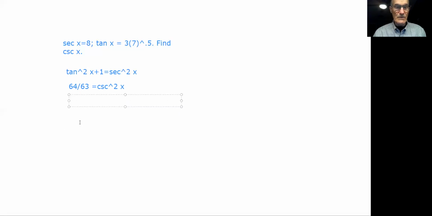If I take the square root here, I will have 8 on top divided by the square root of 63. This is 9 times 7, so the square root of 9 is 3. And then I have the square root of 7, which is raised to the 1/2 power. And that is equal to the cosecant of x.